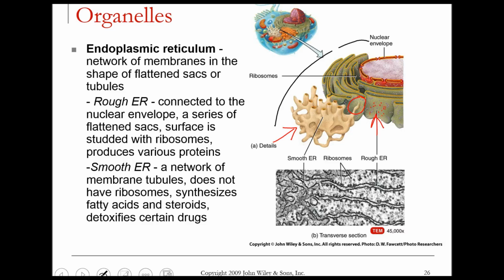Here, again, looking at our transmission electron micrograph, you can see that some of the endoplasmic reticulum does not have little dots or little ribosomes, so that would be the smooth endoplasmic reticulum.